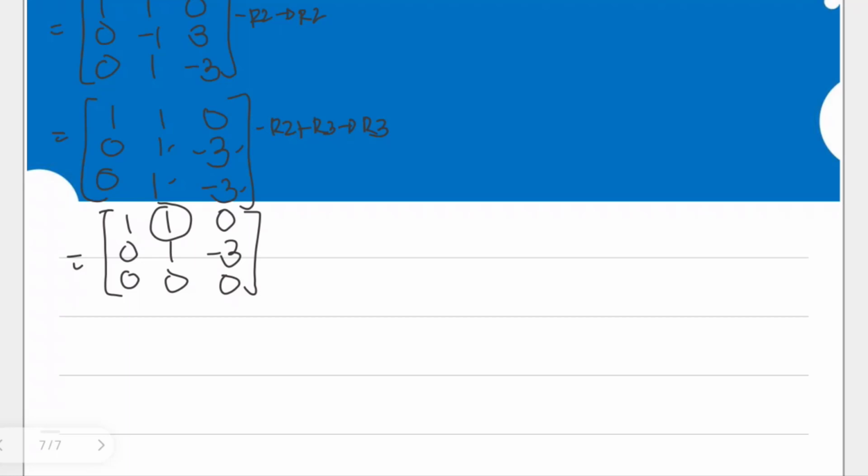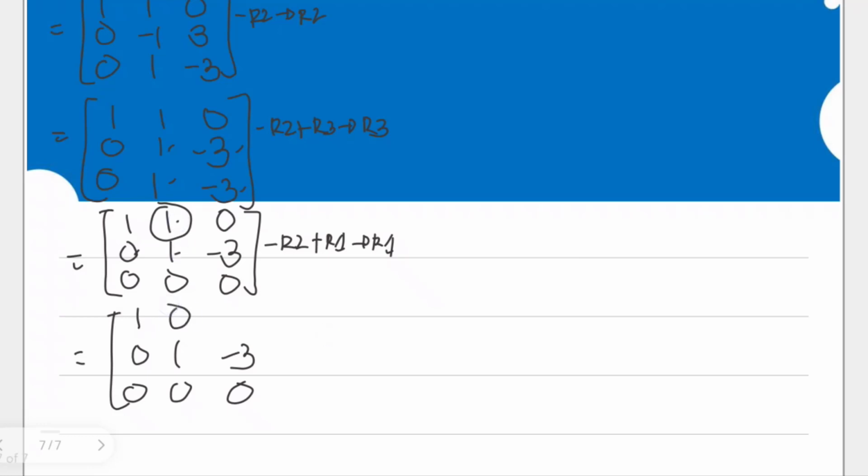So we can make this 0 by multiplying negative 1 to row 2 plus row 1 for a new row 1. Hence, you will have here 1, 0, 3. This is still 0, 1, negative 3. Negative 1 times 1 is negative 1 plus 1, 0. Negative 1 times negative 3 is positive 3 plus 0, so you have positive 3. So this is now the complete reduced row echelon form of our first matrix.